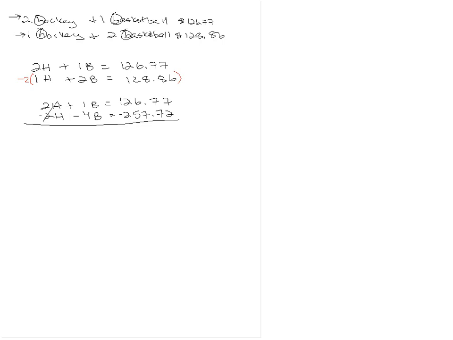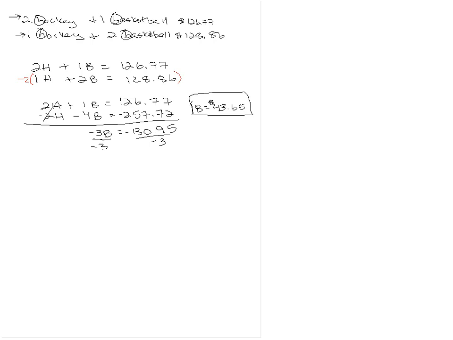They're gone. -3B equals -130.95. Divide by -3, and you get B is equal to $43.65. Now that's one. How do I find the other?